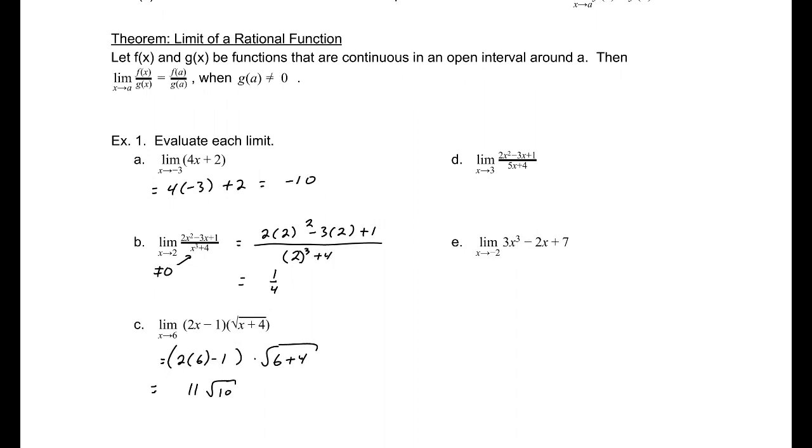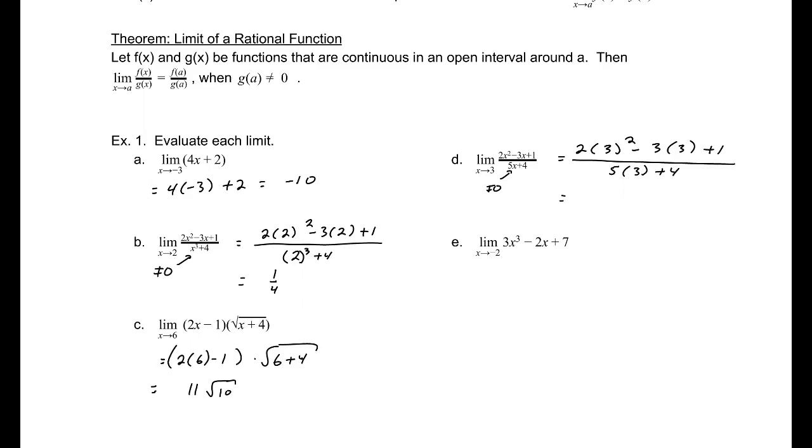All right, plugging in 3 will not make this 0. So we can just evaluate that. That is 2 times 3 squared minus 3 times 3 plus 1 over 5 times 3 plus 4.